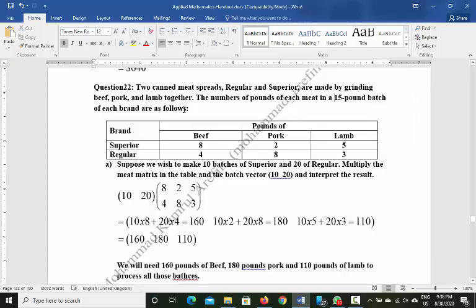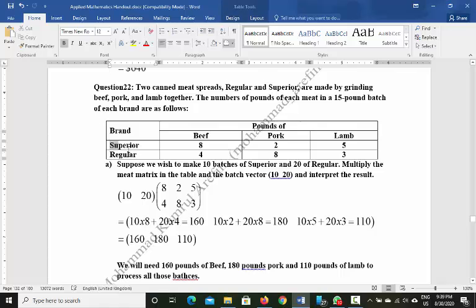batch of each brand are as follows. So in every batch they produce 15 pounds.